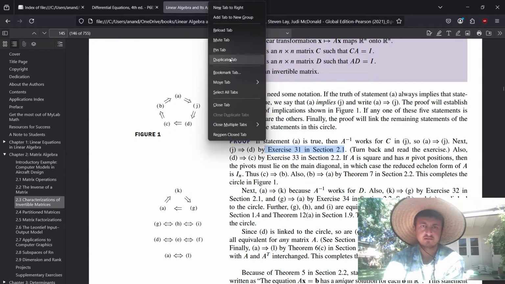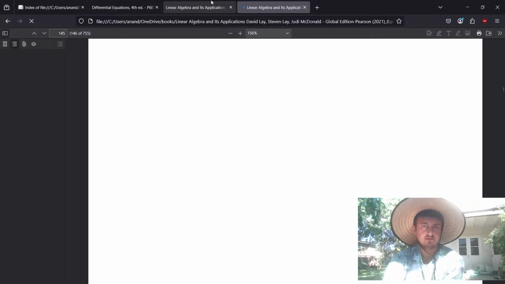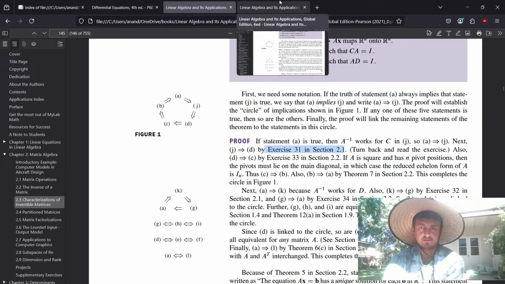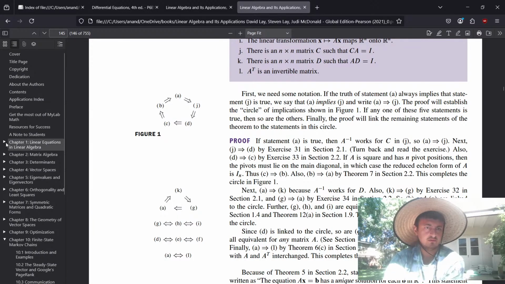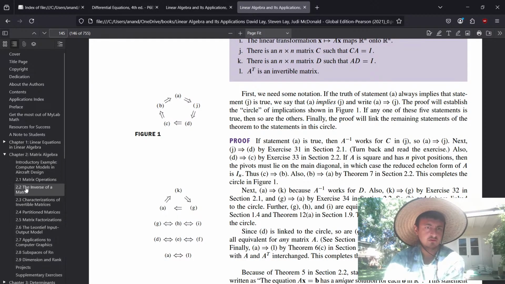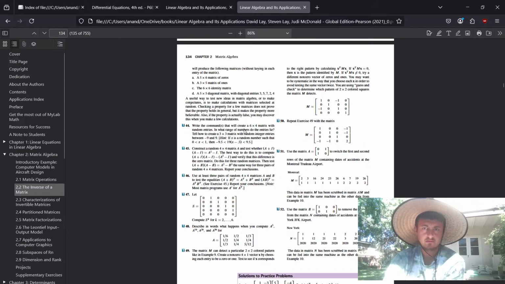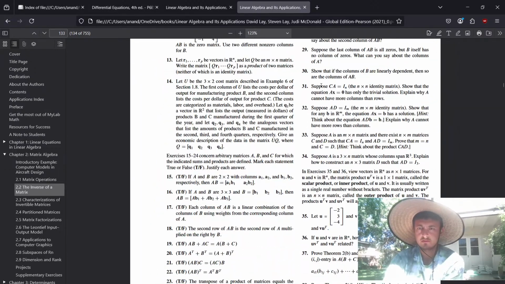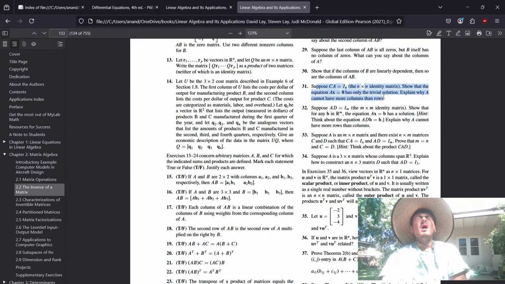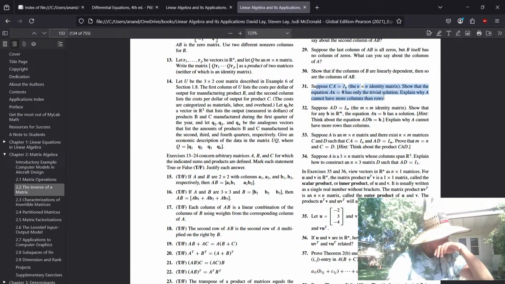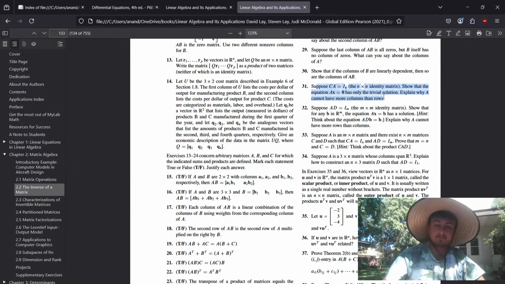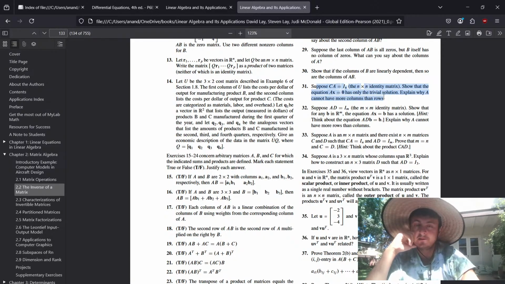Let's duplicate this. Oh, no. Okay, number 31 was, oh.